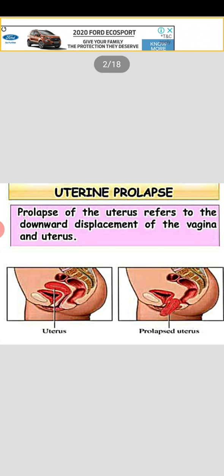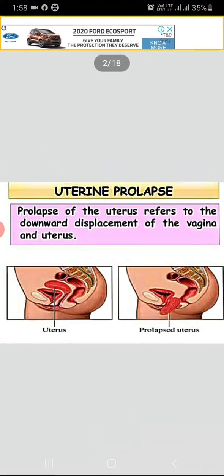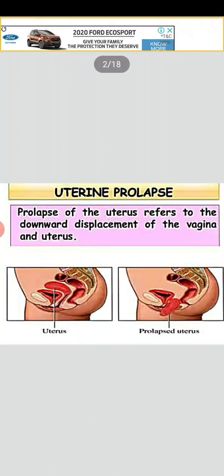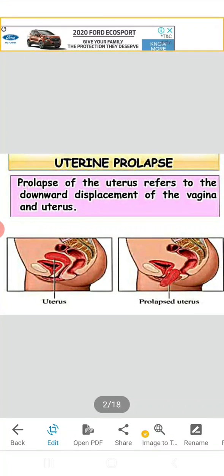If any distinguishing characters are asked, you can write that in retroversion or retroflexion there is backward displacement of the uterus, and in uterine prolapse or displacement of the uterus, there is downward displacement.